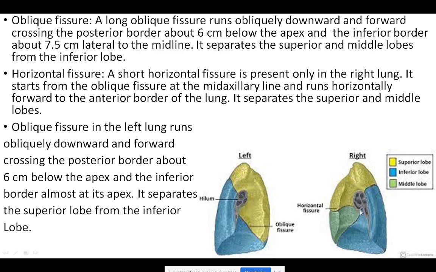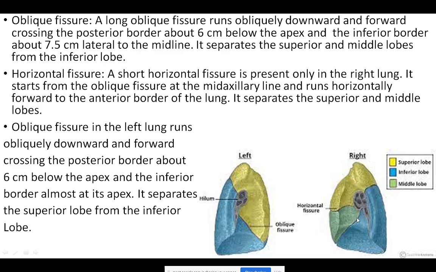Okay, do you understand? 2 oblique fissures on the right lung. One is superior, to divide the superior lobe of the lung and the inferior lobe of the lung, and another oblique fissure which divides the middle lobe and the inferior lobe. Okay, a long oblique fissure runs obliquely downward.